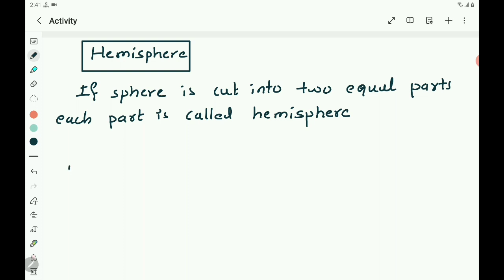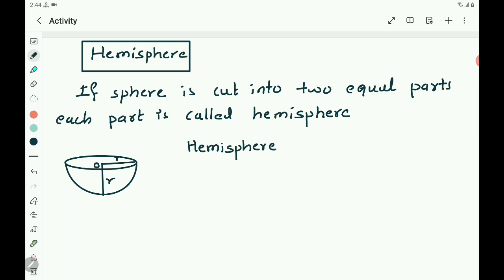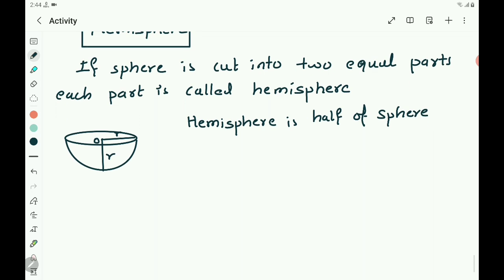So if you draw the figure of the hemisphere, hemisphere is half of sphere. Hemisphere is having one circular base and another one curved surface.